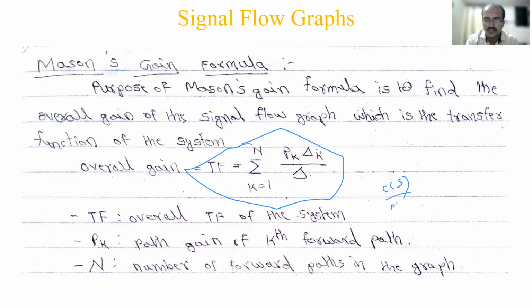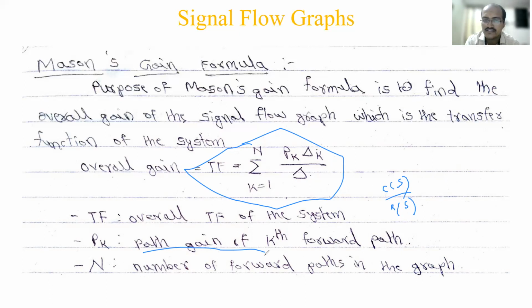Next, the second one, P suffix k. K is varying from 1 to n, as we have told. It is the path gain of the kth forward path. We have to understand how many forward paths there are. For example, if you are traveling from Bhatkal to Honavar and you have 3 paths, then there are 3 path gains, and all 3 you have to consider.